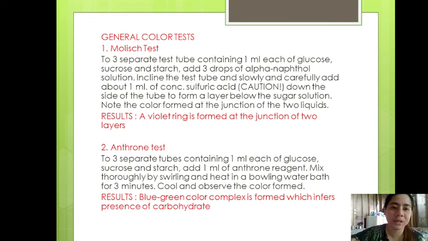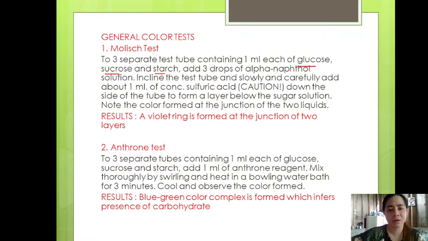Okay, now the general color test. As you can see, in your module in session 6, there is a general color test. Number 1 is Molisch test. To do this, you have to have 3 separate test tubes containing 1 ml each of glucose, sucrose, and starch.